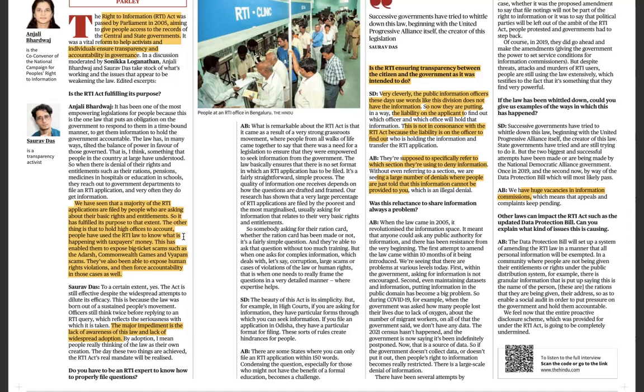So that is a trend, and as far as these two things are concerned, we see that RTI has been successful in fulfilling its purpose. And according to Saurav Das, there are certain impediments and challenges. That is, there is a lack of awareness of this law amongst the people and a lack of widespread adoption of it. So that is one challenge.